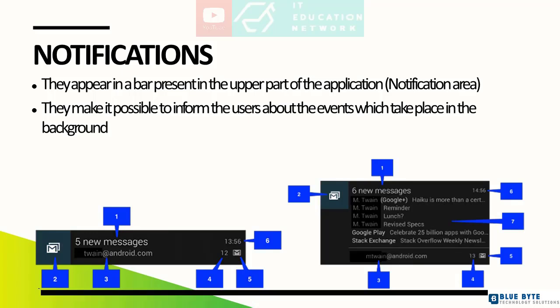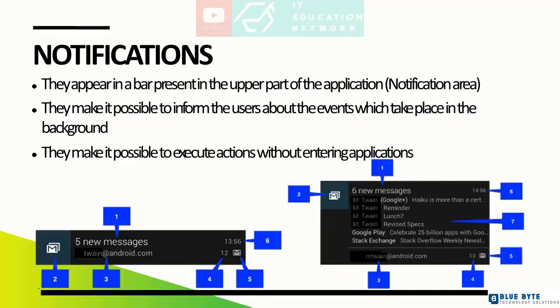A notification may be started by both services and other types of components, such as activity or broadcast receiver. A very important feature of a notification is the possibility to execute an action without the need to start the application. For instance, we have a notification referring to the music player.